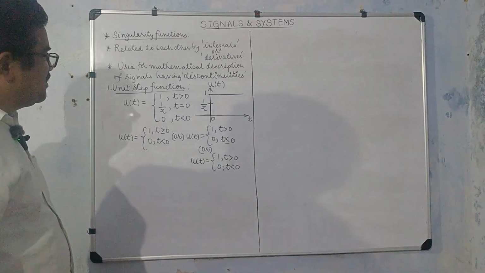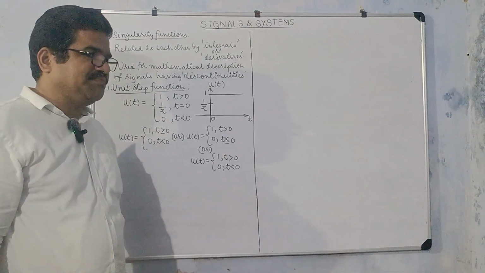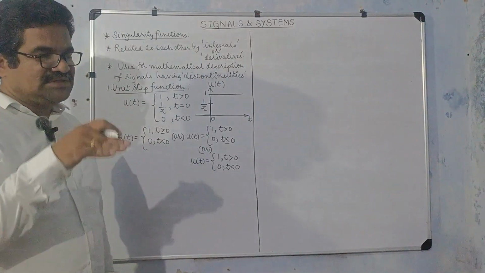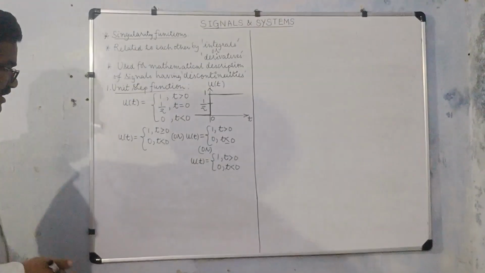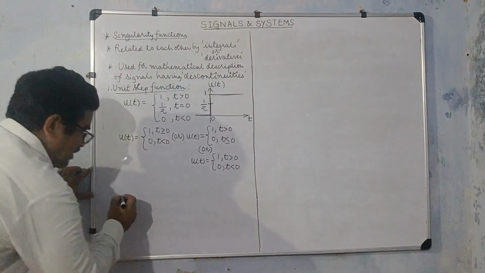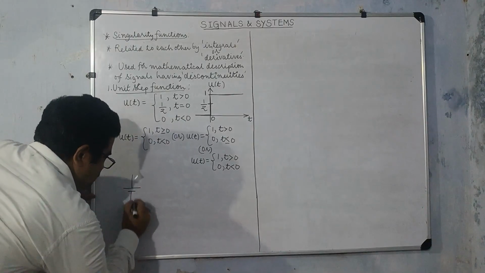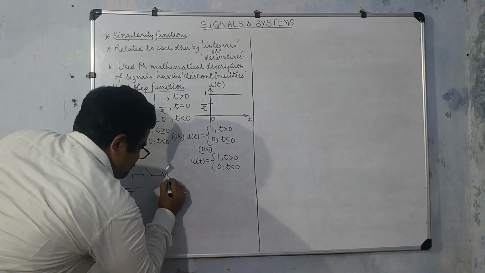So what is the unit step actually representing? It is representing some common action in a physical system where the signal is switching from one state to another state. For example, I have a capacitor, which is connected through some switch.